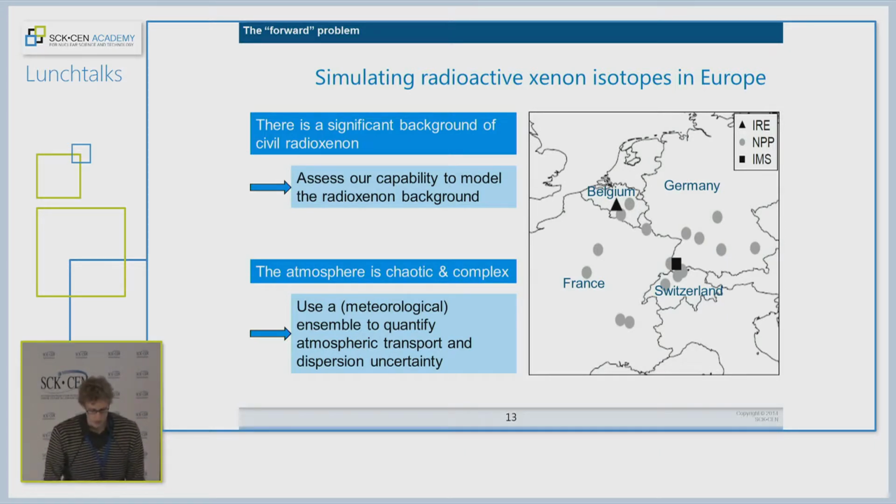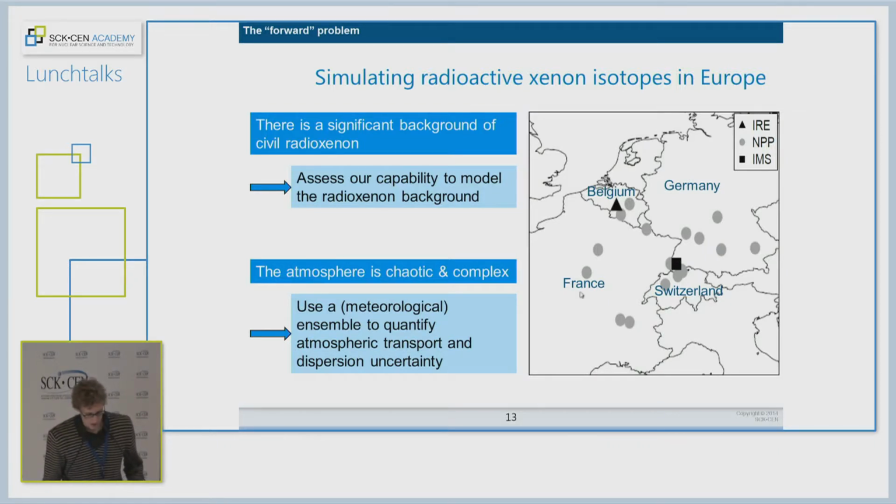We are in a unique position of having this database available for research. Besides that, we take into account the nuclear power plants in the neighborhood, and we have estimates of their release. And we have one station at Schauinsland near Freiburg in Germany, where we can use data to validate our model.